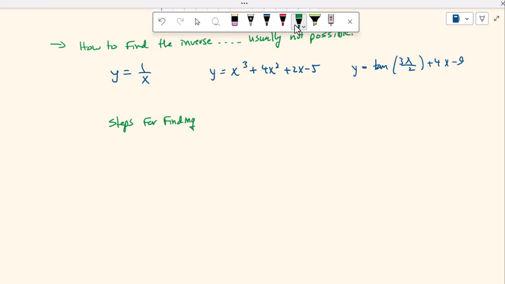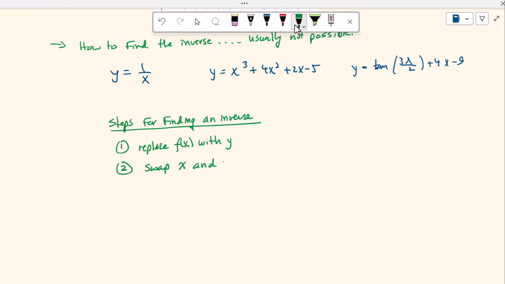Now usually the first two steps are good. It's the third step that causes trouble. So the first step, what we do is we replace any notation that has f of x with y. Because f of x means the y value, it means the output value, it's just functional notation. Next we swap x and y terms in the expression.